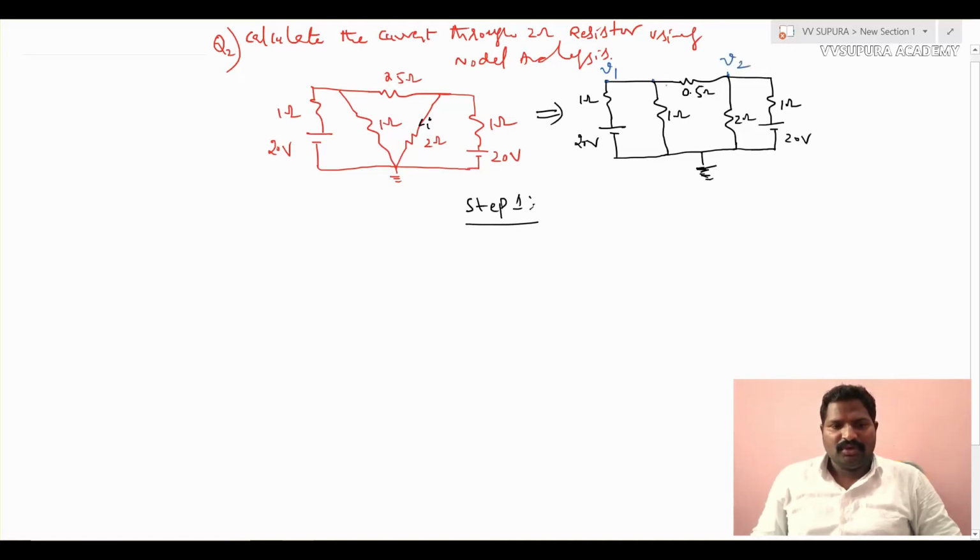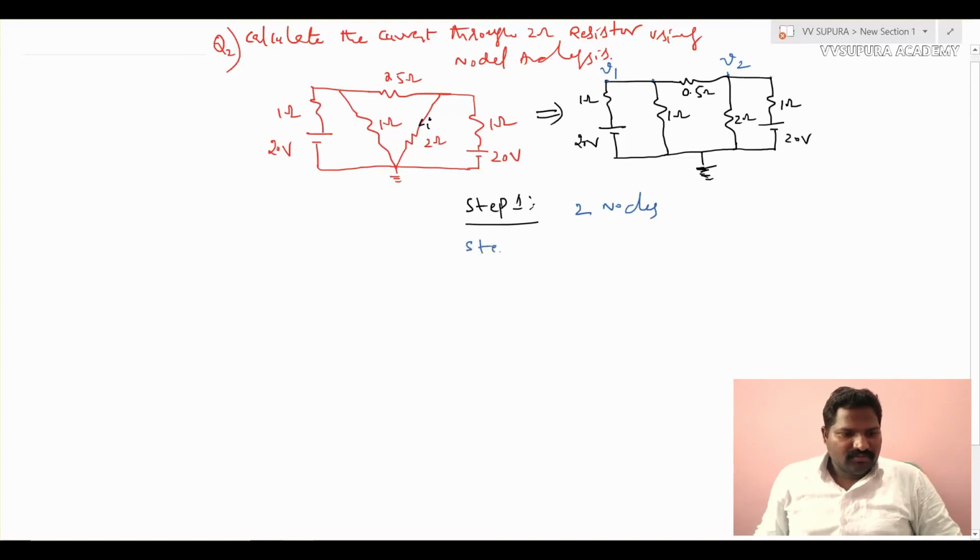This point is also the same, it's just a single wire, there is no element connected between, so this voltage is also nothing but V2, right? That is the identification, and this is the reference node. So how many nodes are there? Two nodes excluding the reference.